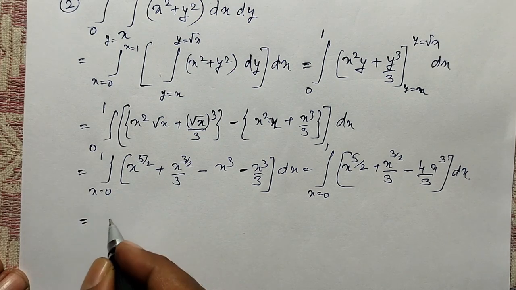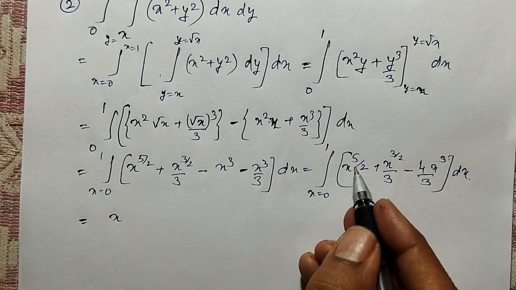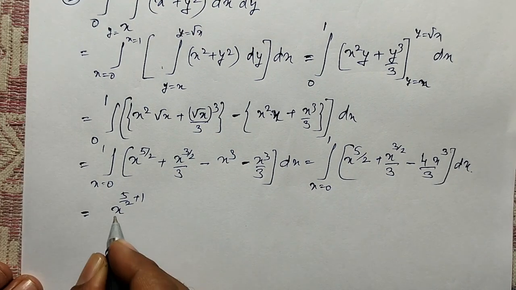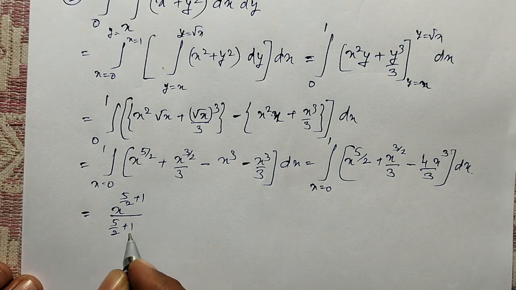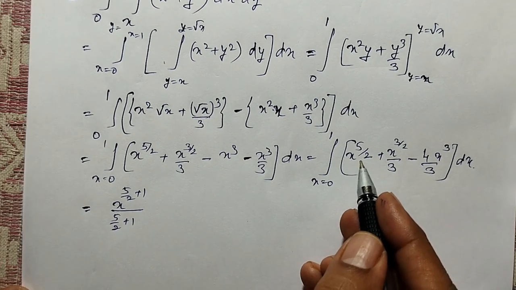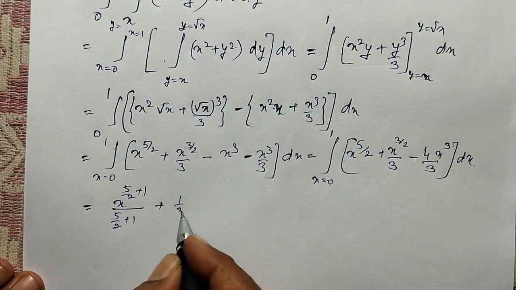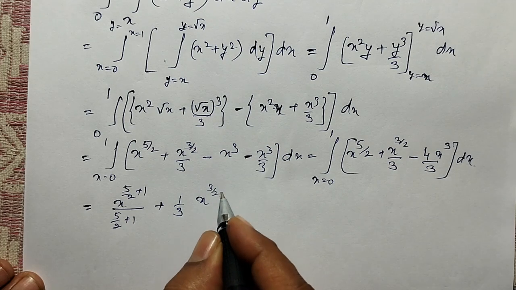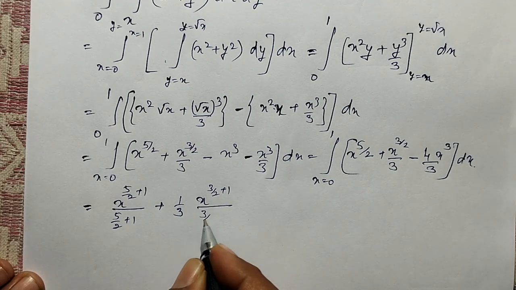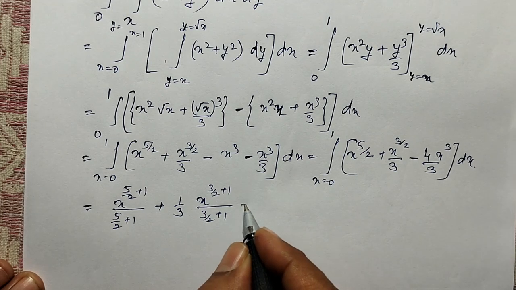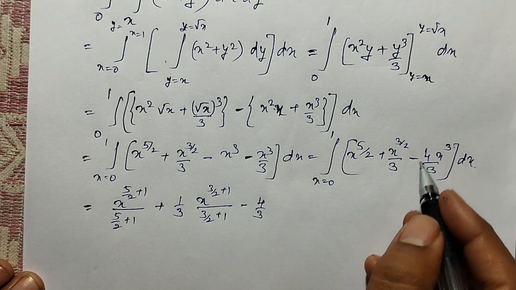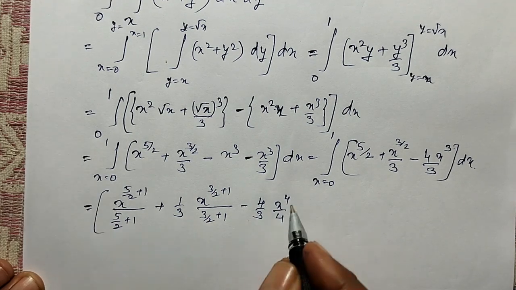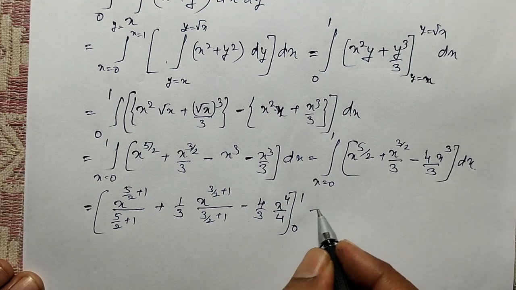Now, this is to be integrated with respect to x. Very simple now. x raised to 7 by 2 divided by 5 by 2 plus 1 for integration of x raised to 5 by 2. Like that, plus 1 by 3 as a constant, x raised to 3 by 2 integration, x raised to 3 by 2 plus 1 divided by 3 by 2 plus 1, minus 4 by 3 constant, integration of x cube is x raised to 4 divided by 4. This is between the limits 0 to 1.